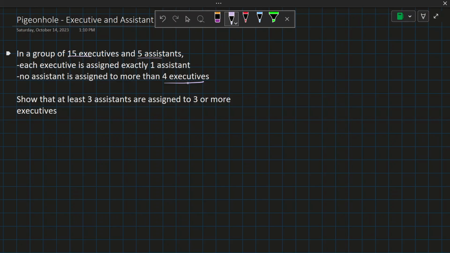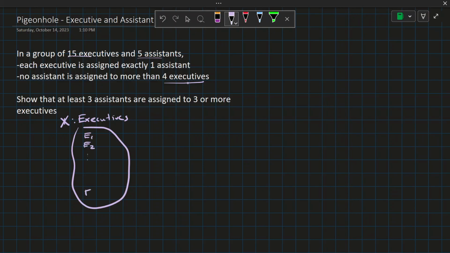So let's do it. Let's first visualize our situation. That's our set X, our executives, E1 through E15. And then we also have our assistants.